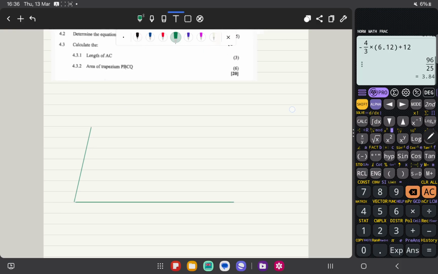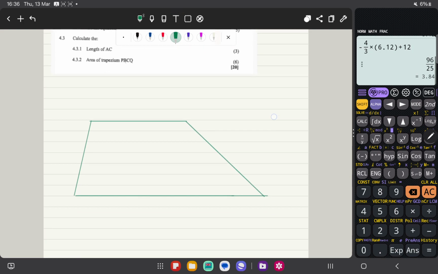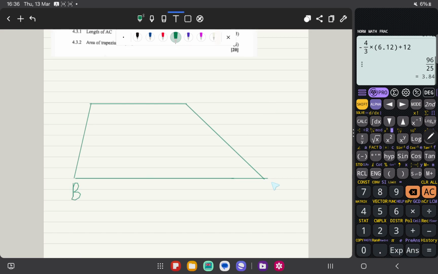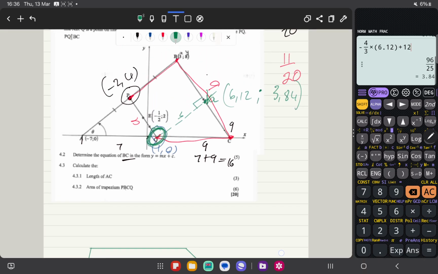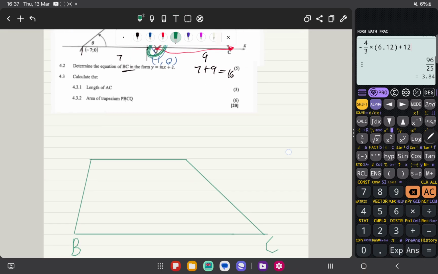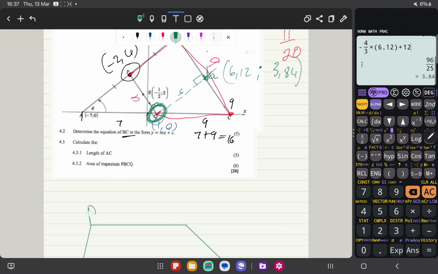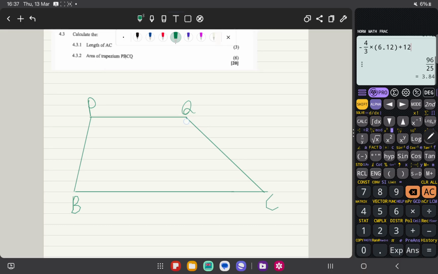Yeah, of course it's not gonna be drawn up to scale, so a little bit of disappointment there. This is BC. That is P, that is Q, and then my perpendicular line, this is K, right?